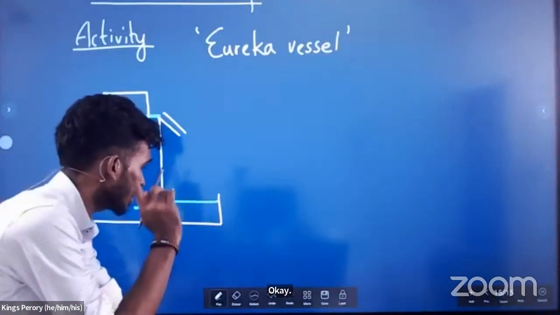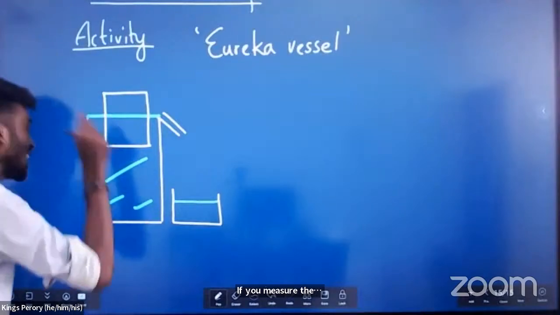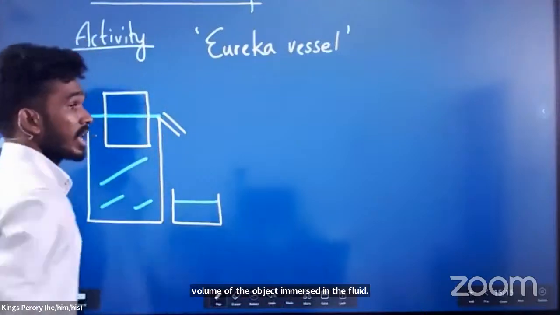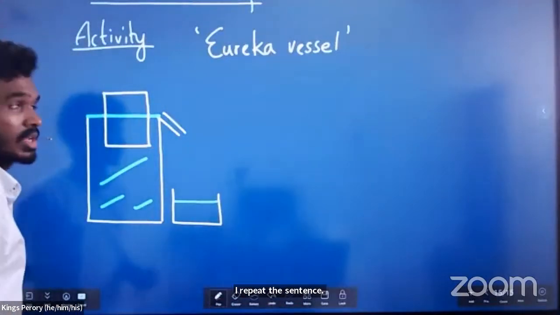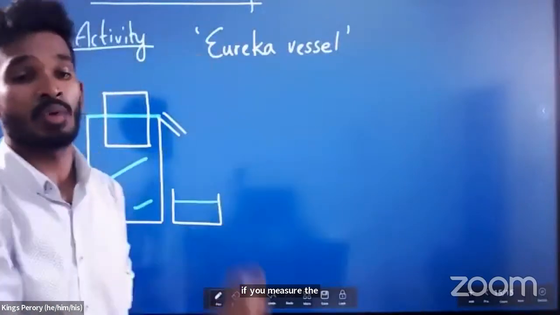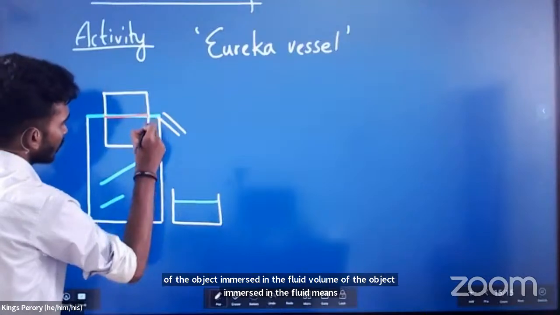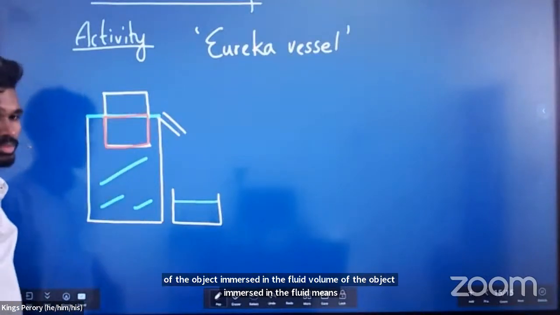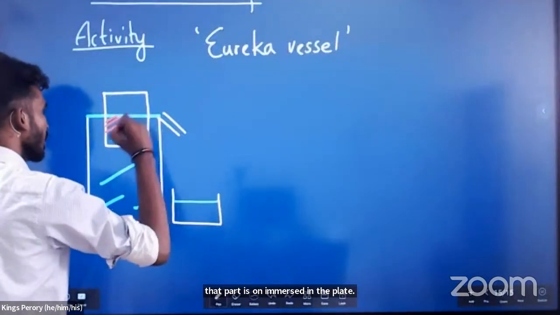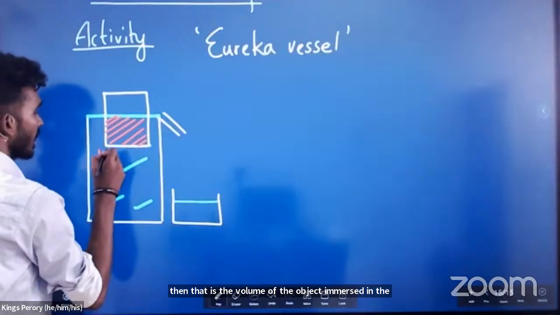If you measure the volume of the object immersed in the fluid. I repeat the sentence. If you measure the volume of the object immersed in the fluid, that part only is immersed in the fluid. Let's take that as 100 milliliter.